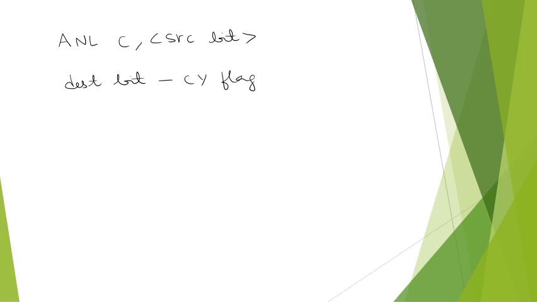Next instruction is ANL C, source bit. The function is logical AND for bit variables. So in this instruction, the destination bit is the carry flag. So this instruction performs logical AND of carry flag bit with the source bit, and the result is stored in the carry flag.